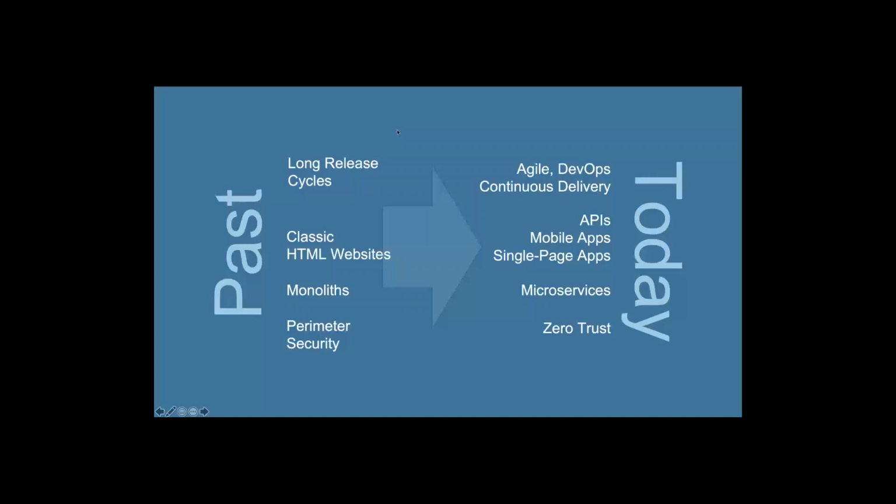And when we built websites, we used classic HTML websites with a request and response paradigm. Today, if you build a modern web application, it's a single page application with lots of JavaScript logic in the client that will use APIs in the backend. And we have mobile apps. That's also an additional type of application. We come from building monoliths, everything in one piece.